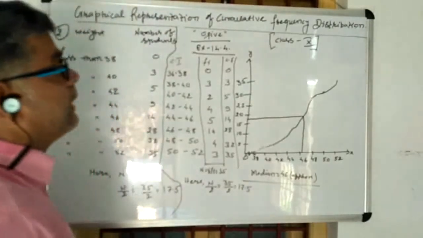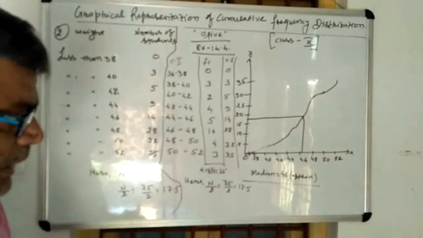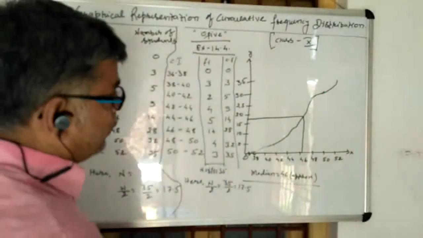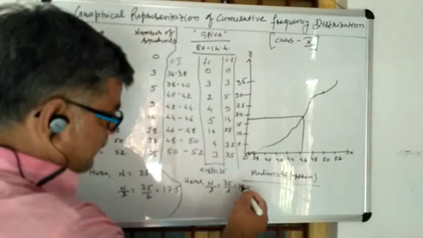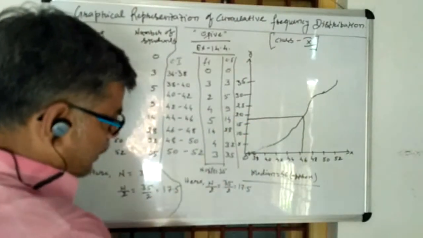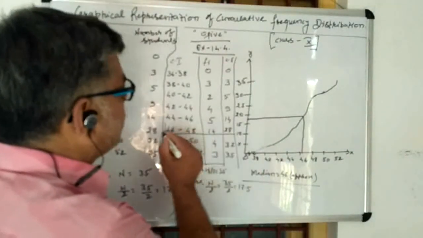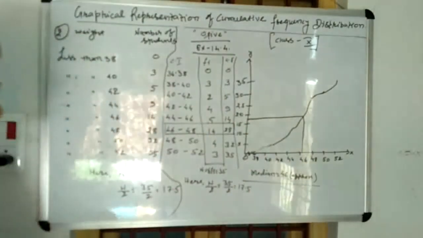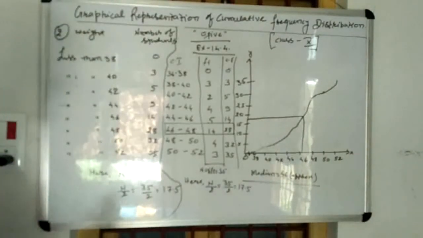Now you see in the cumulative frequency table, where does this value lie? 17.5 is greater than 14 but less than 28. So this is your median class. Median class is the corresponding class having cumulative frequency 28.